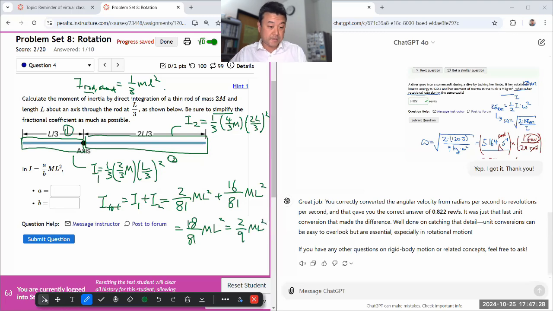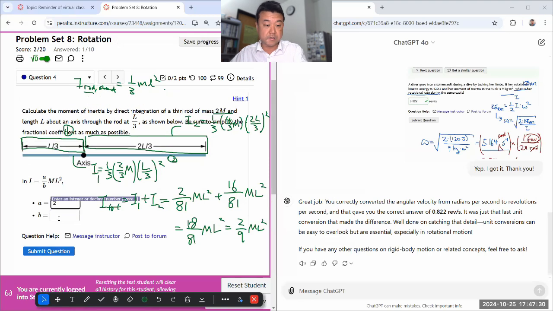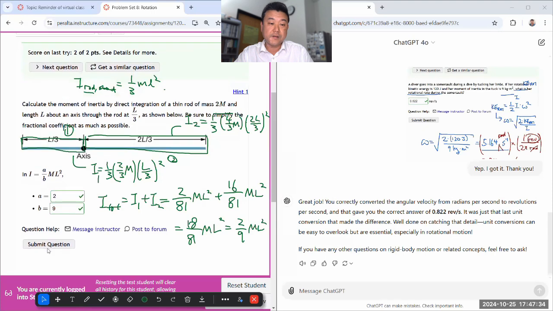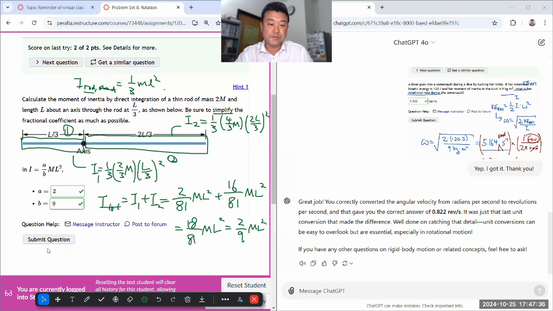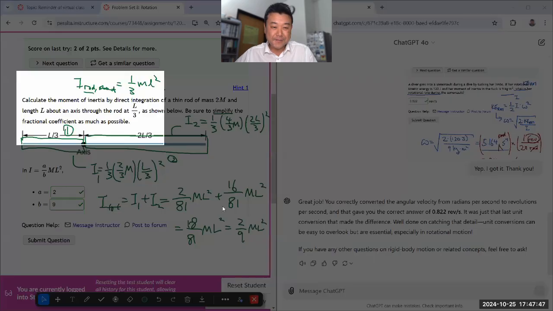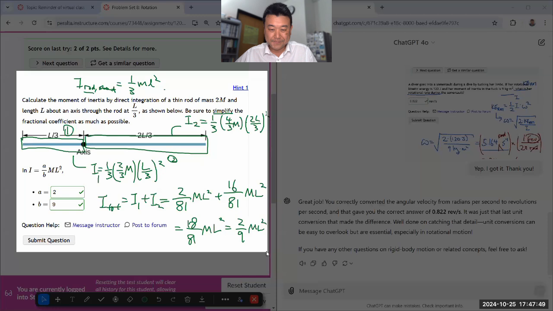So suppose you got this answer, which will be graded as correct as it is, but let's imagine you realize that it says by direct integration, and you realize you didn't do any integration. So let me paste this in and see if I can get help from ChatGPT.